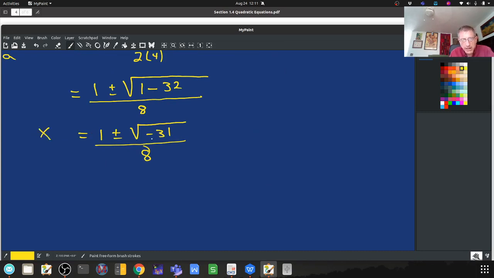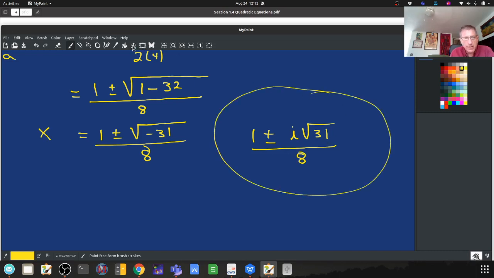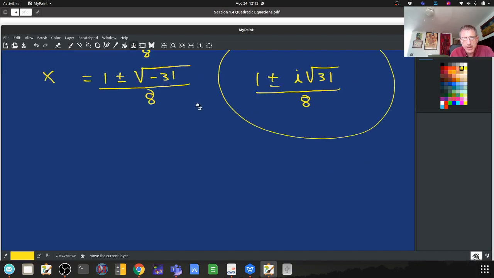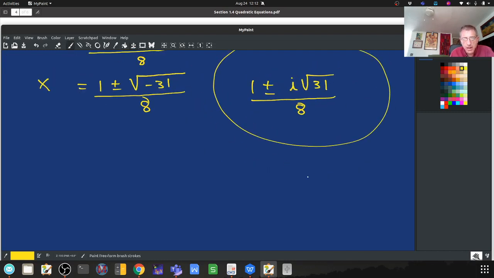So here, this is 1 plus or minus the square root of minus 31, which is i times the square root of 31, over 8. And I'm okay if you leave it in this form. However, just to be correct, since this is a complex number, you want it in the form a plus bi.